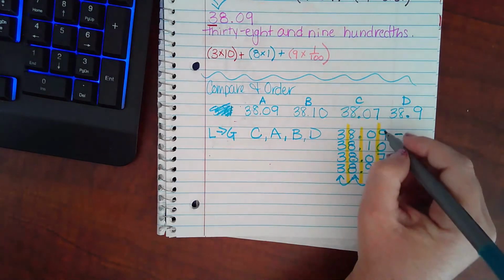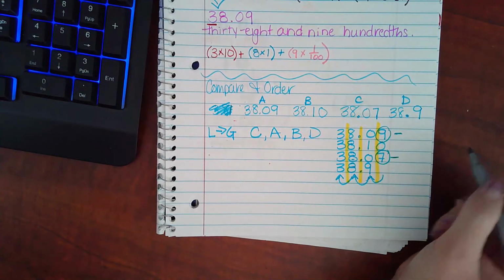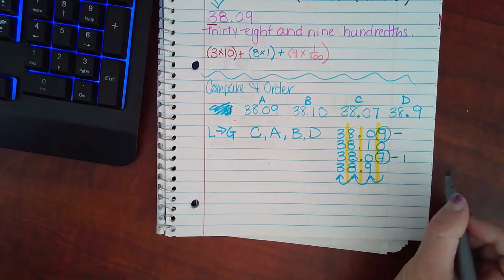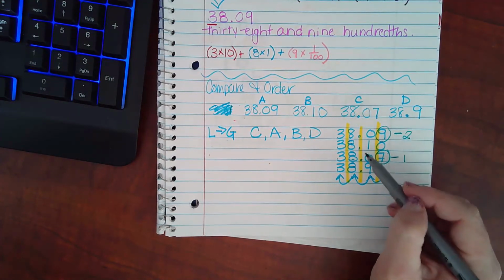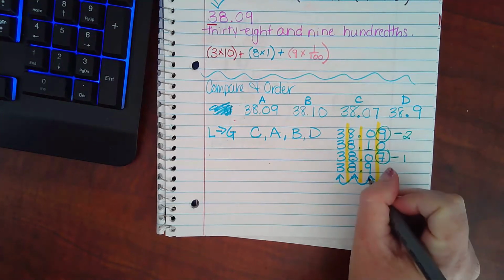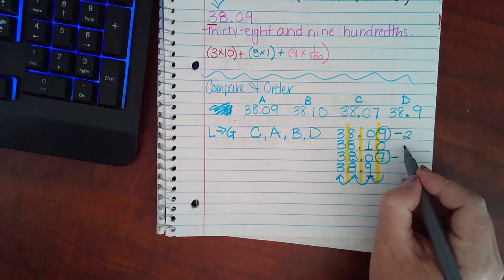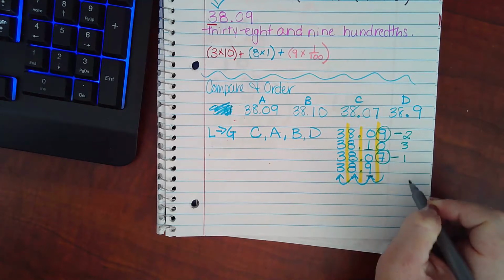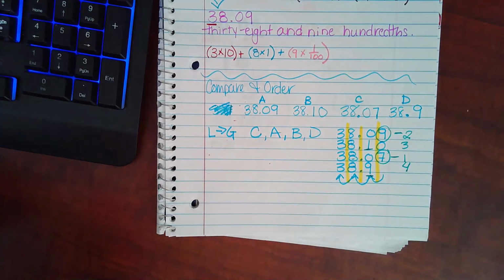So then we compare these two digits. 7 is less, so it would come first. So then that would mean that would come second. So then we go back to the digit in the tenths place and compare those. 1 is less than 9, so that would come third in order, and then this would become fourth in order, making it the greatest.